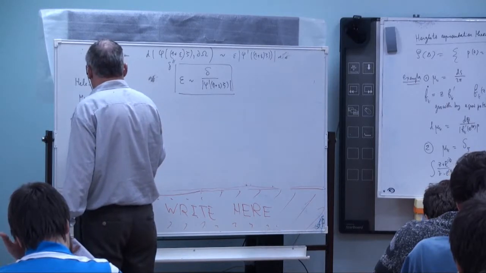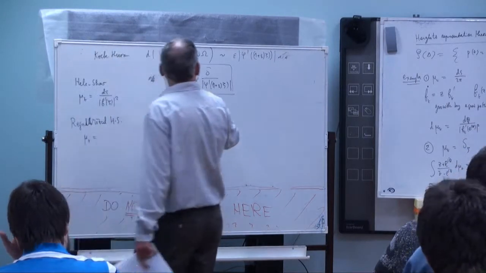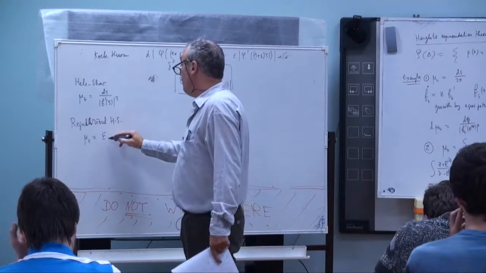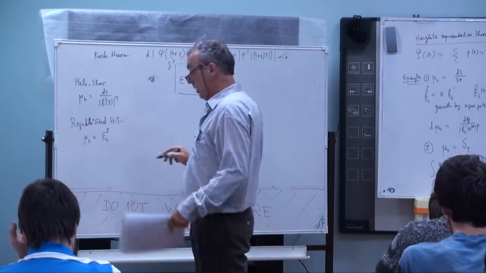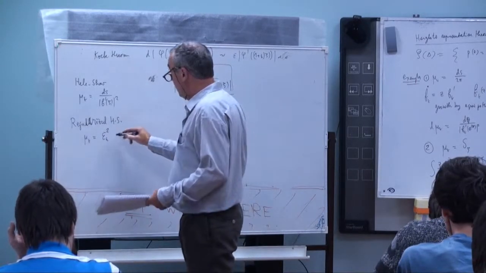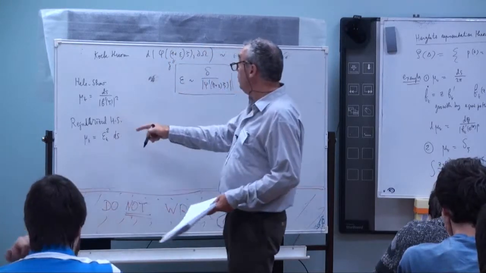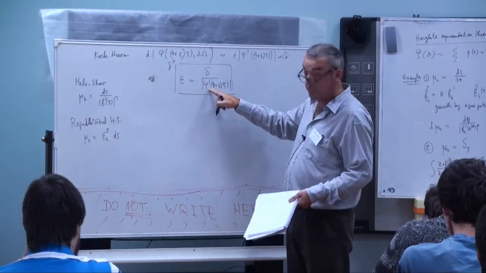We take mu_t equals epsilon_t squared ds. So epsilon_t will mean epsilon with phi equals f_t.